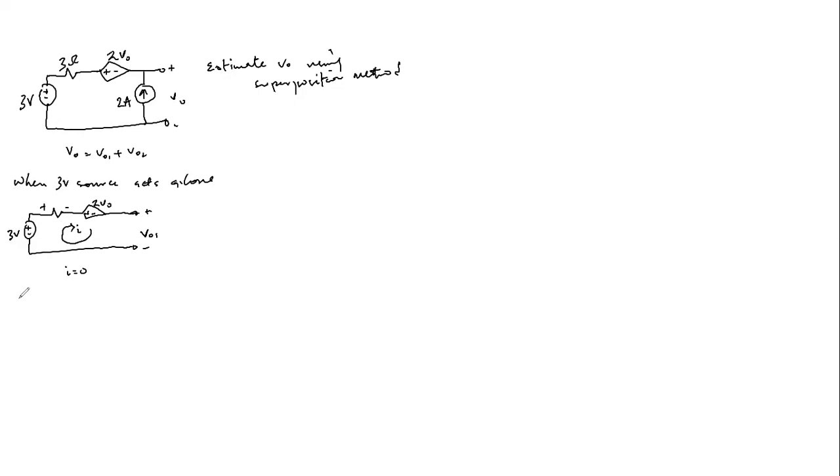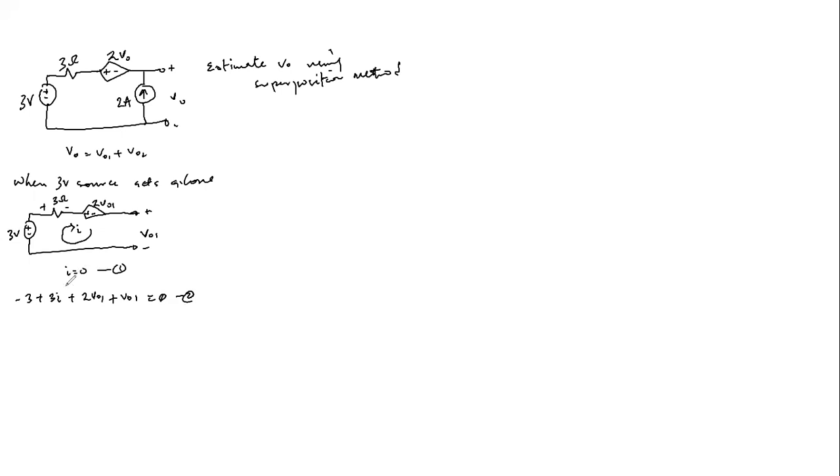So this will be minus 3 plus 3I, 3 times this, that's the voltage, plus 2V01 now, because we are relabeling all the voltage values. So that will be 2V01, then plus V01 is equal to 0. Okay, now this is our first equation here, this is our second equation here.